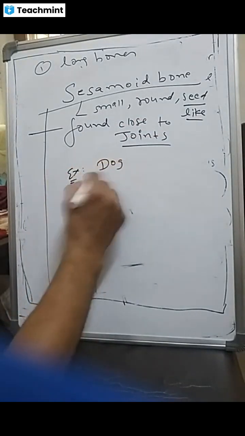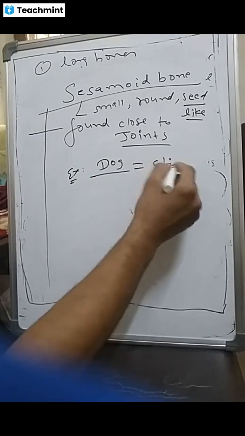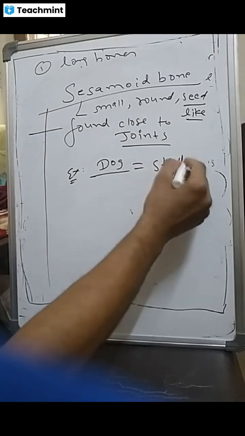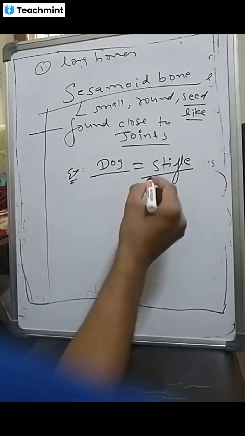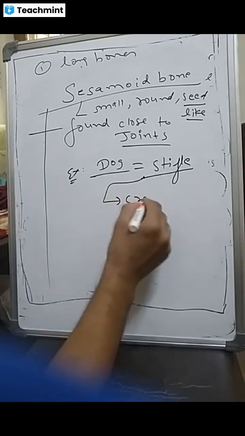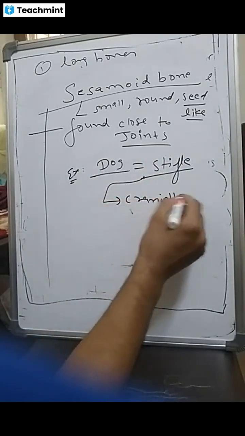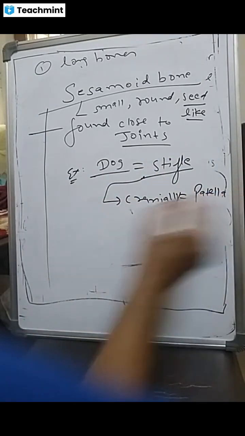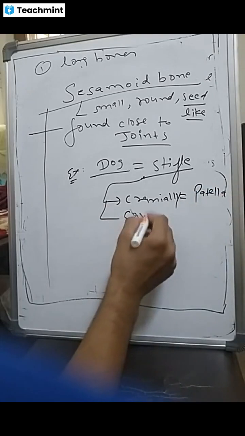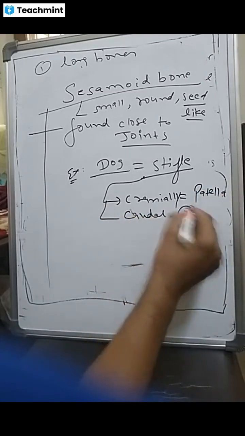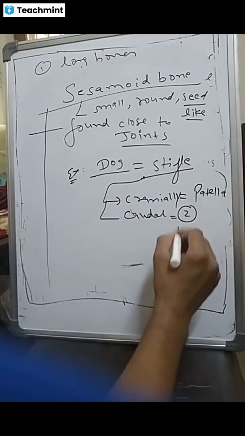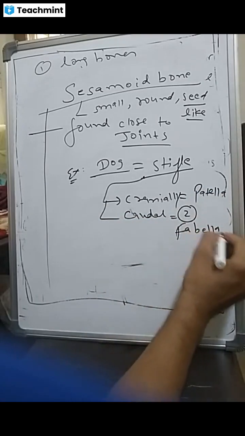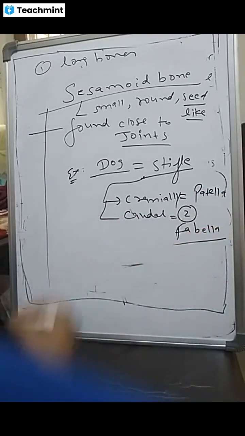In the case of the dog, if you look at the stifle cranially, from the front, you will find the patella. If you look caudally, you will find two sesamoid bones called fabellae.